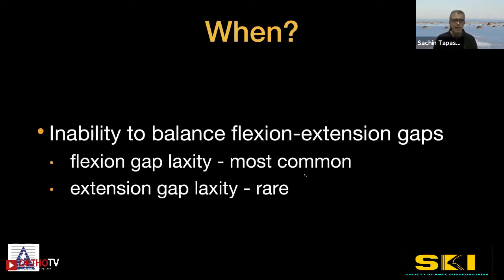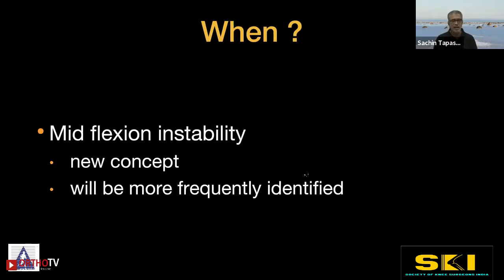When should we do it? I think there are three main indications. When you're not able to balance your flexion and extension gap, and it is usually the flexion gap which is the problem rather than the extension gap. The second indication is mid-flexion instability, which I would not say is a new concept, but is a definitely well-recognized concept.